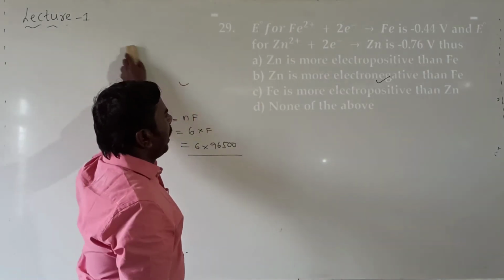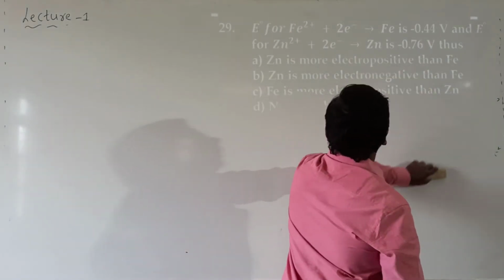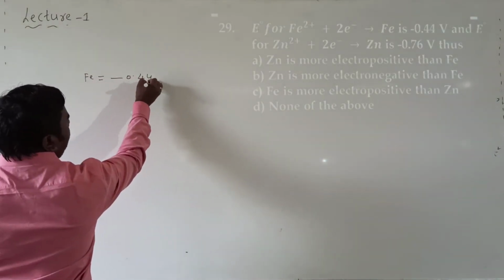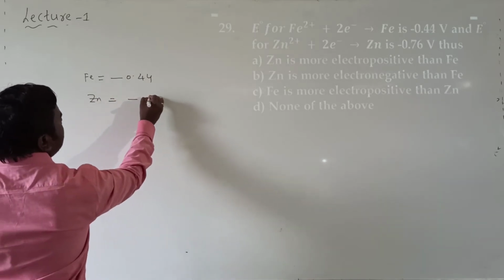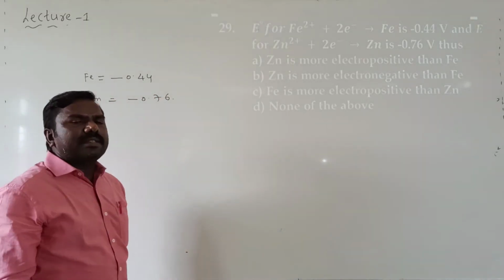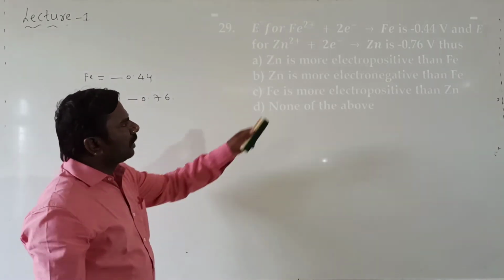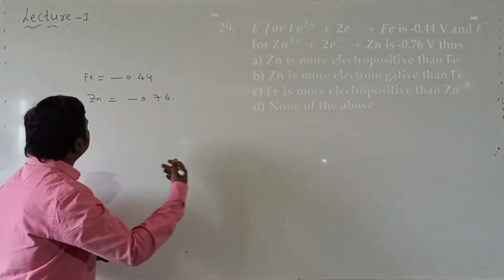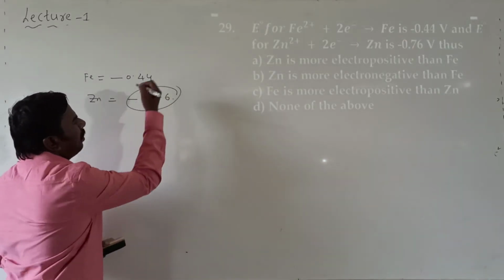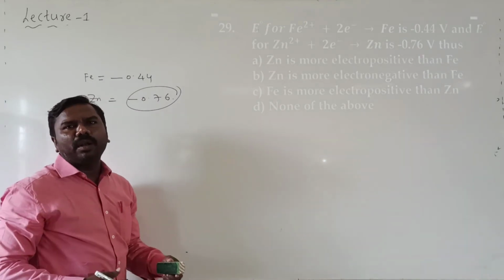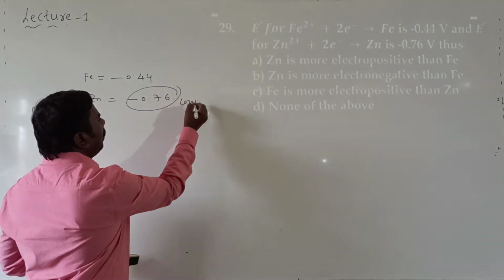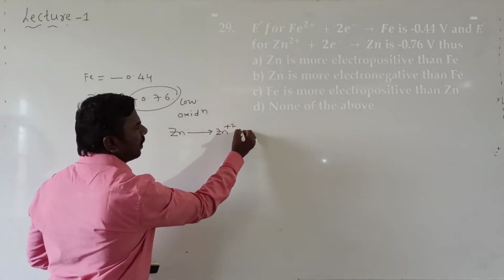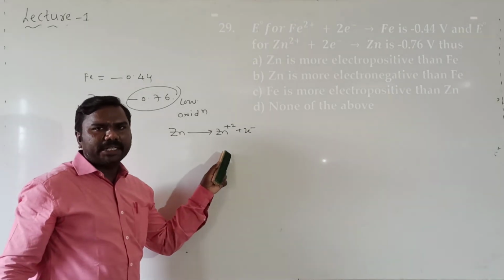E0 values are given for iron and zinc. Just observe: for iron minus 0.4, for zinc minus 0.76. Both are SRP values, gaining electrons is called reduction, that's why standard reduction potential. Now, zinc is very low, minus 0.76 means very, very low. Low value means oxidation. Oxidation means Zn converted into Zn plus 2 plus 2 electrons. Actually this will be happening.